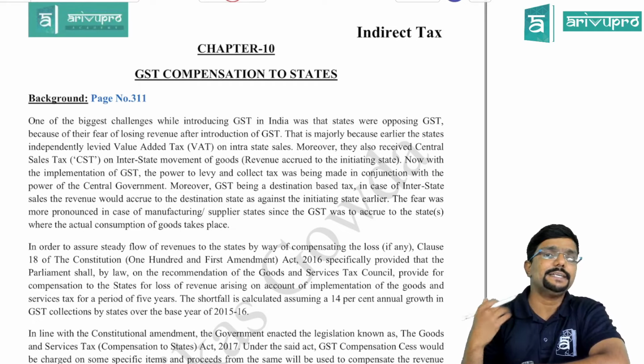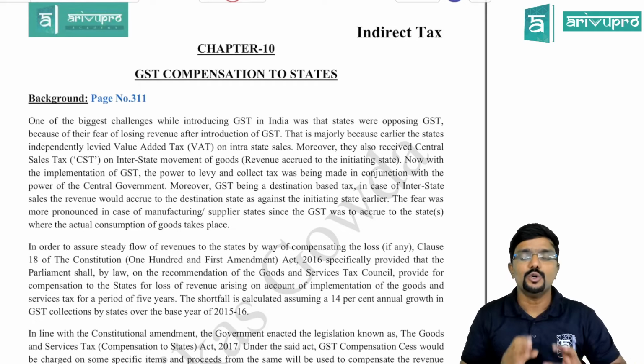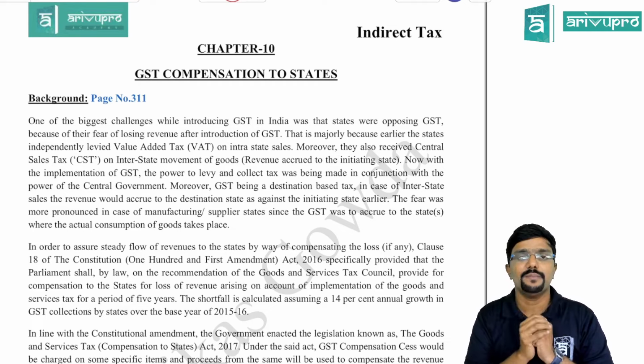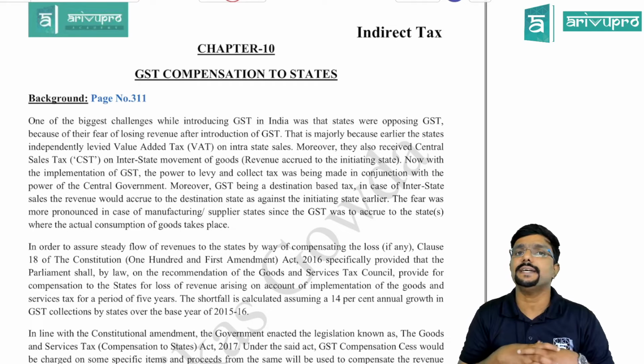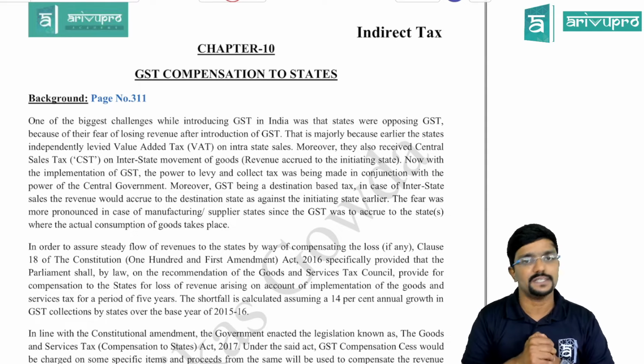See, this act was passed only to compensate the states who will lose revenue just because of implementation of GST. A compensation will be calculated every year and central government will be releasing it to the respective state only if there is a loss of revenue for them under GST.